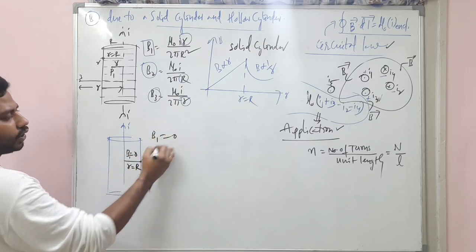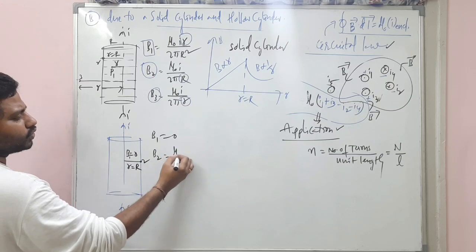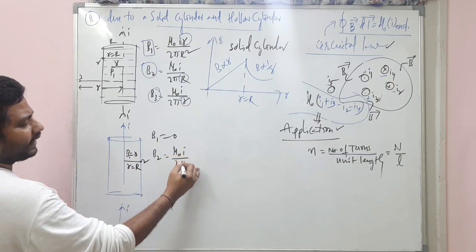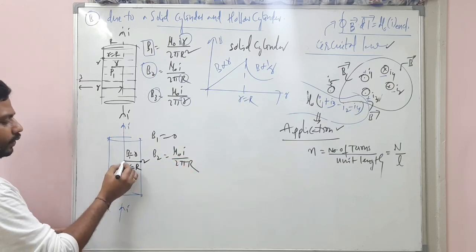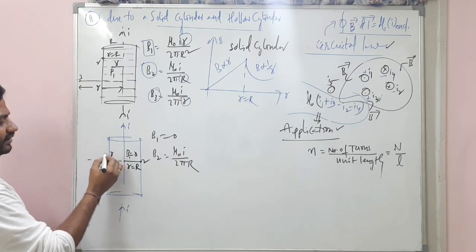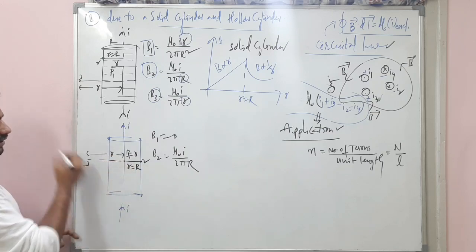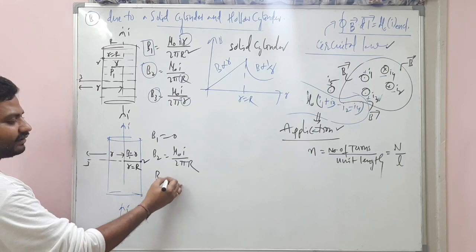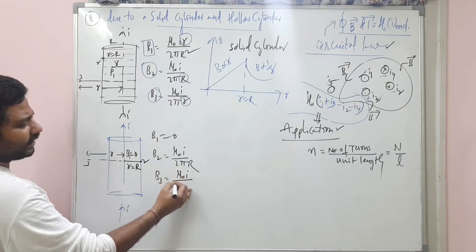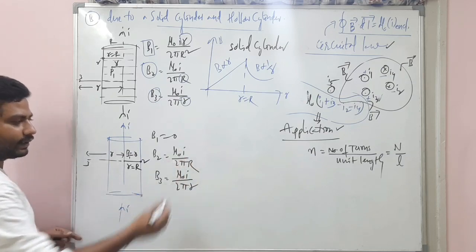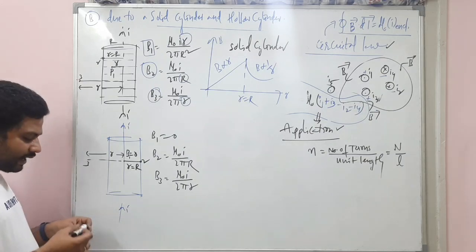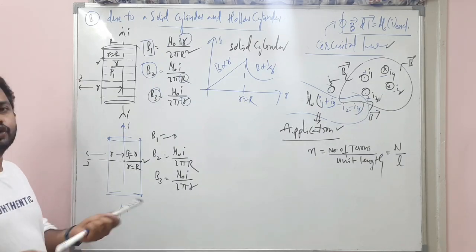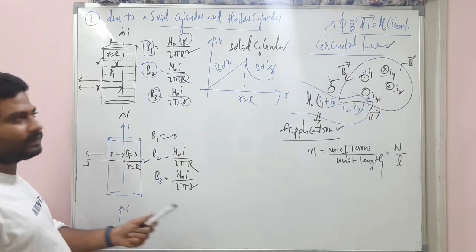First point is 0 and the second point is mu naught I by 2 pi R, and the third point from here, at a distance small r, B3 is equal to mu naught I by 2 pi into small r. Right? I hope much explanation is also not required for this, my dear students.